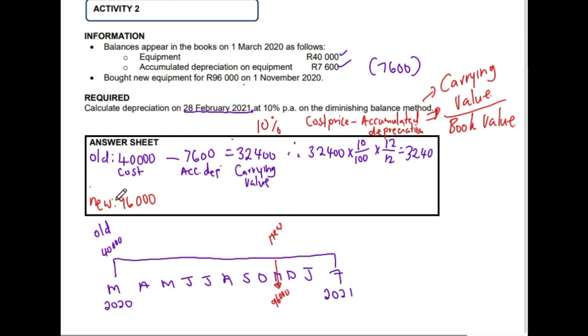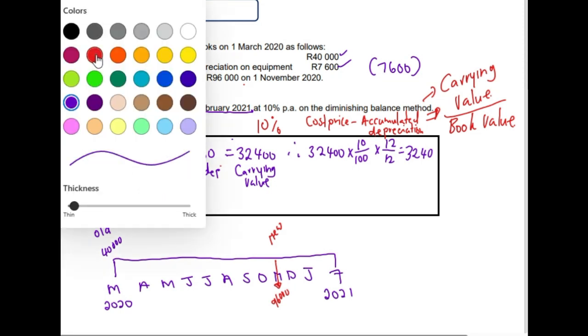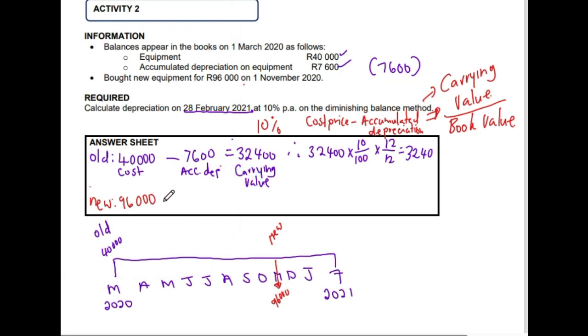Now we can calculate the depreciation for the new equipment in the business. This one does not have accumulated depreciation because it's still new. We can just apply our percentage and multiply by 10 over 100 multiplied by the months in which the equipment will be available in the business.